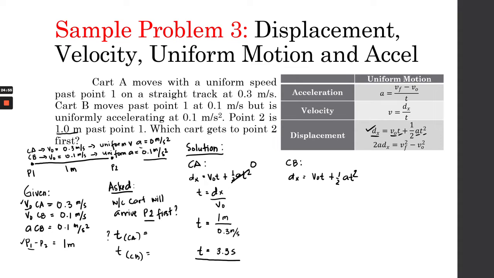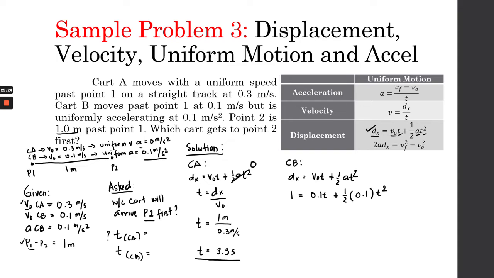So we have 1 meter. The distance cart B traveled is 1 meter. So let's just write 1. 1 is equal to the initial velocity of cart B, which is 0.1 t, plus 1/2 of its acceleration, which is 0.1, t squared.